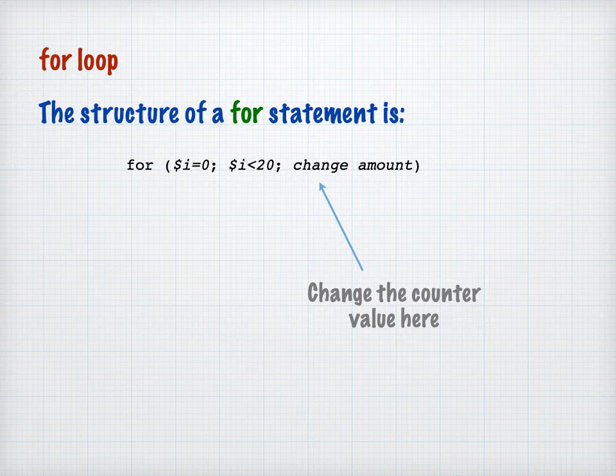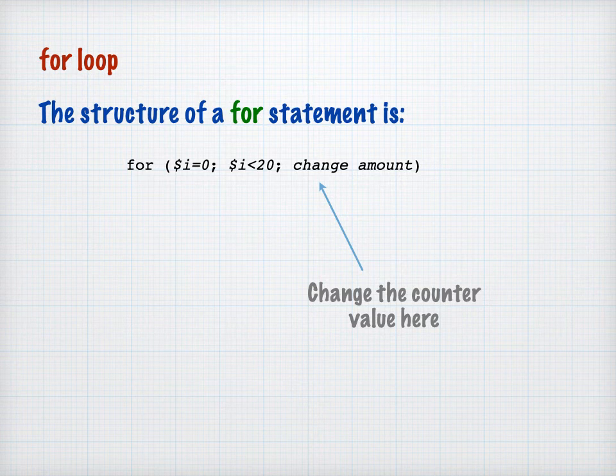Now the third thing that we have to do is add a change amount, and this is the bit where we actually change the counter value. So far, if you look inside the brackets, we've created a counter and given it an initial value. In the second part, between the semicolons, we've added our test condition. So this loop will continue until $i becomes greater than 20.